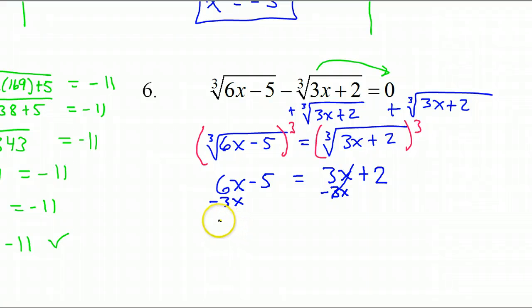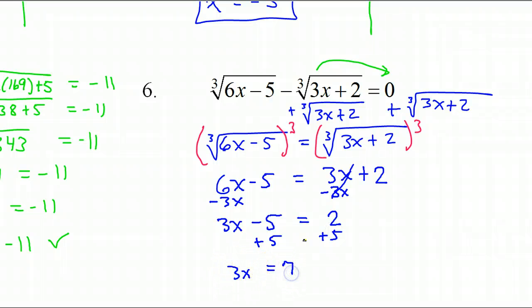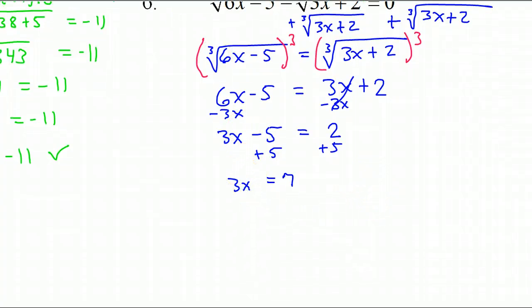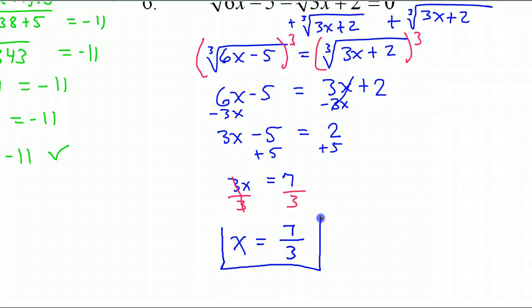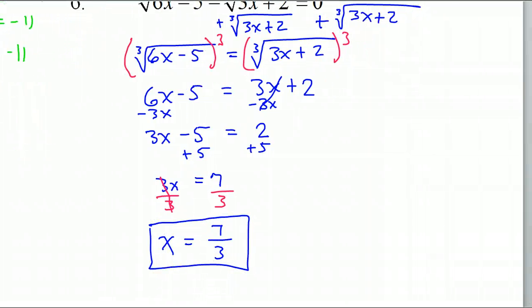So that will leave me with 3x minus 5 is equal to 2. Of course, now we will add 5 to both sides. So that'll give me 3x is equal to 7. And time to divide by 3. So that will leave me with x equals 7 over 3. So this might be the answer, but we won't know for sure until we check.